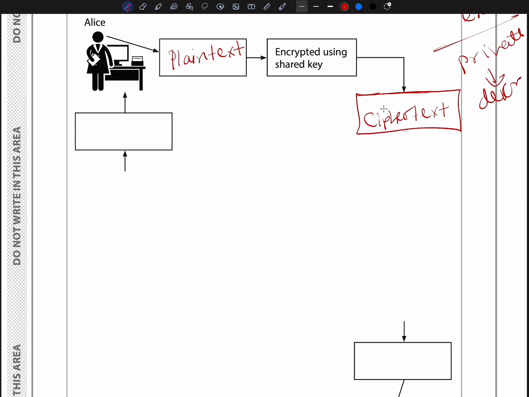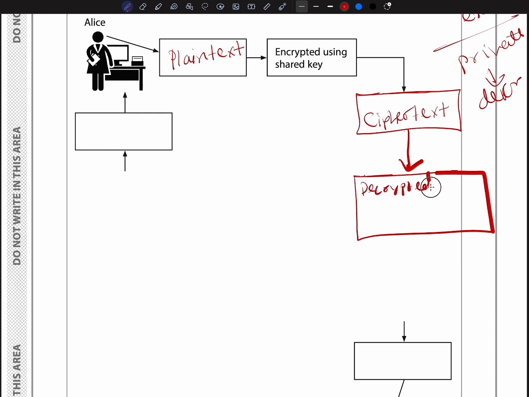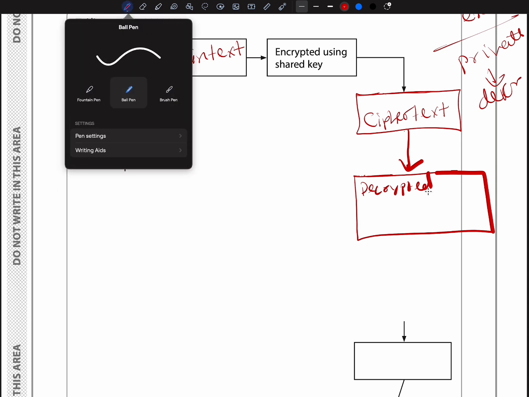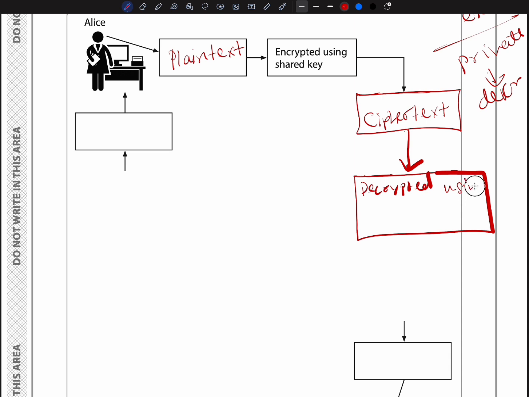Then after it goes to this algorithm, the next part is decryption. Because Alice is using the symmetric type of encryption, here the answer will be decrypted using shared key, right? This one is encrypted using shared key. This one is decrypted using shared key.